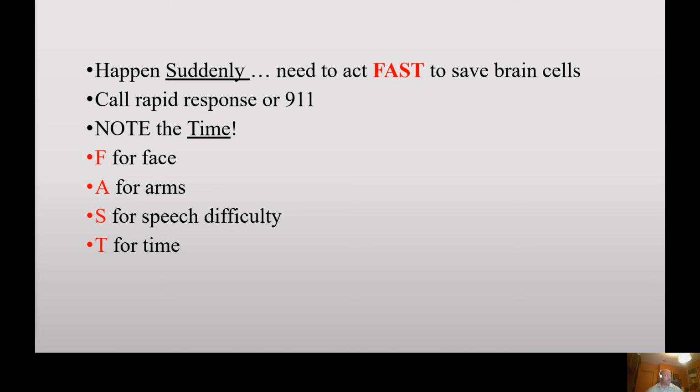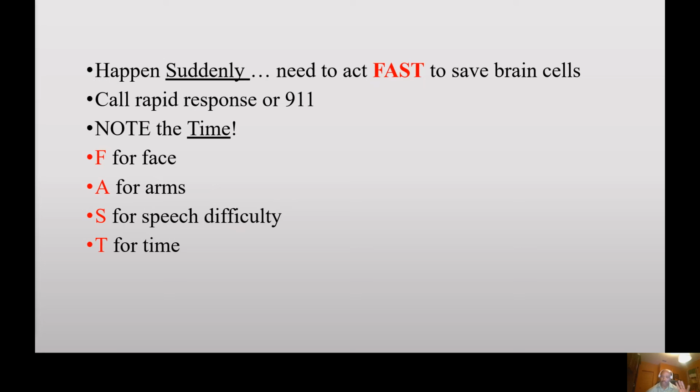as we know, strokes are a medical emergency and must be attended to very, very quickly. And so another acronym we think about is "Act fast to save brain cells." Meaning we must call 911.